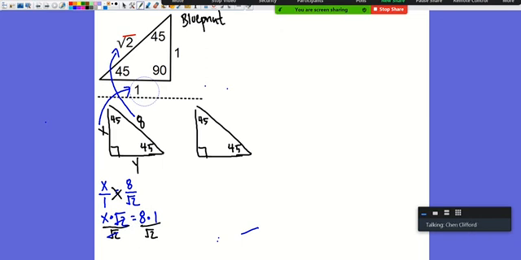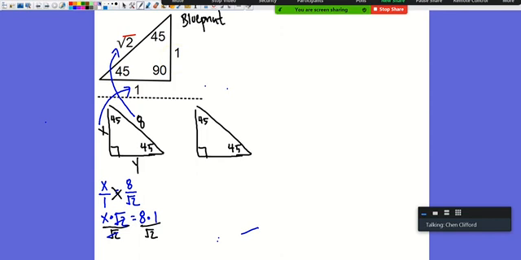There is no medium side here. These are all short sides, and these are long sides. So I'm going to link the short side, which is X, with any of the other short sides, which is 1 or 1. It does not matter.